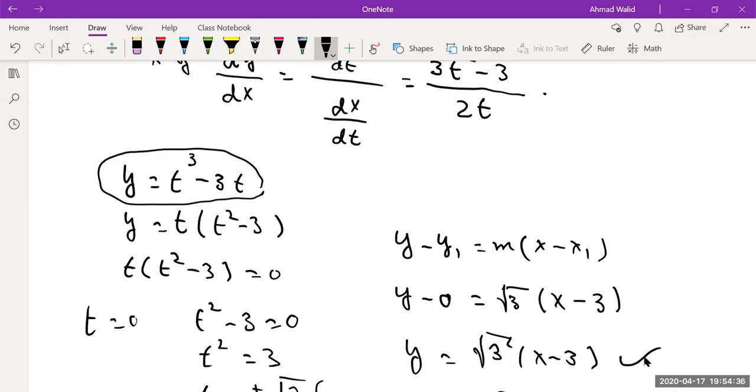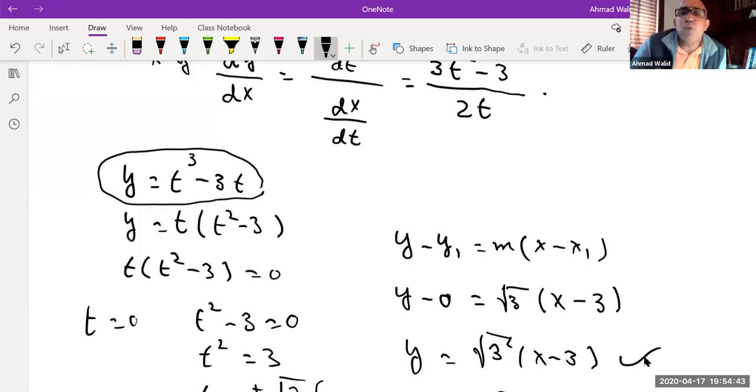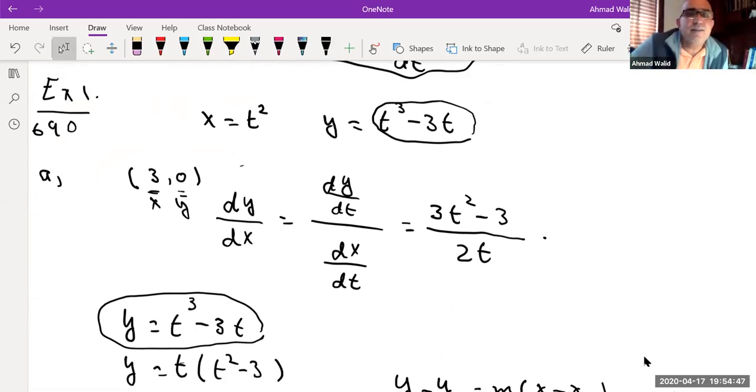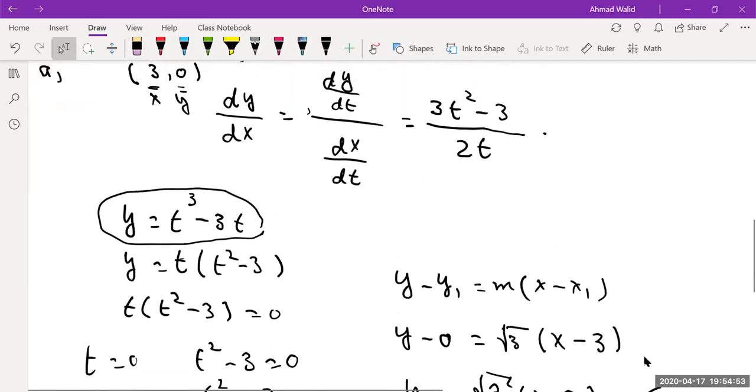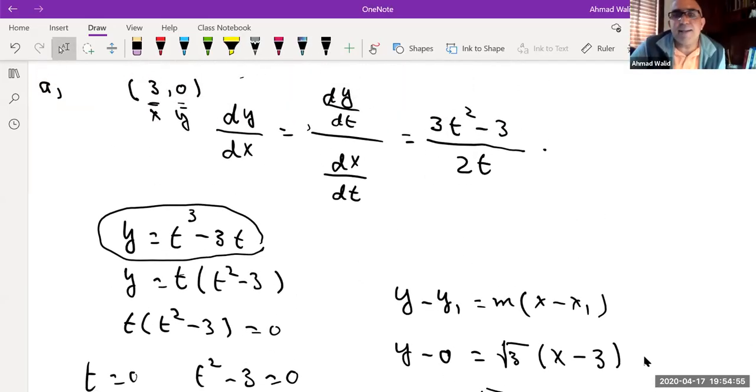Okay. And the second one was, why did we solve for dy over dx? Like, how come we didn't use it at all? Which one? I will use it right now. The one with 3t squared minus 3 over 2t? Oh, I need it right now for the second part, correct? Let's wait.